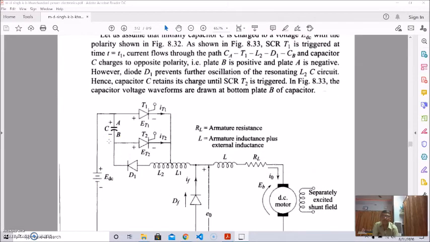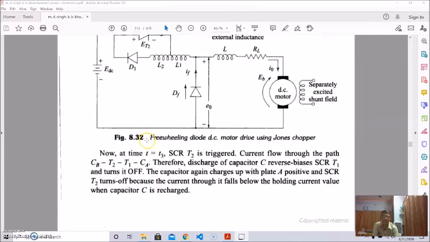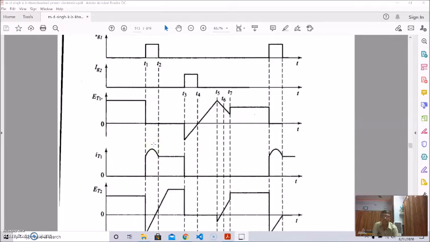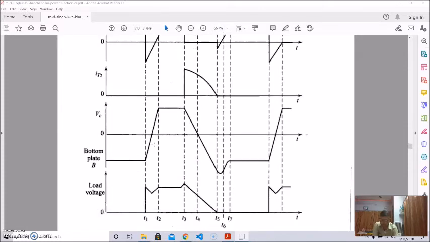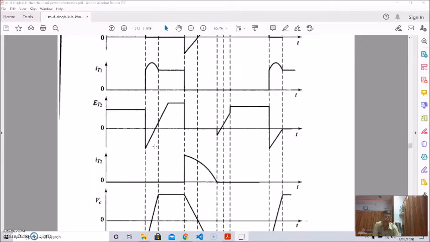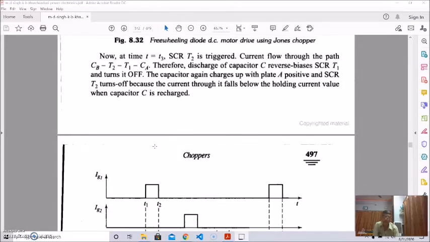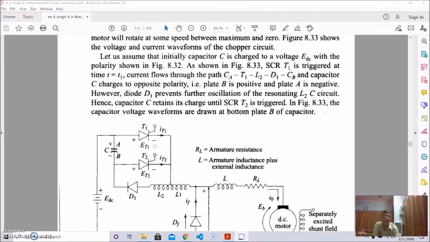Current then flows through the path CA, T1, L2, D1, and CB.